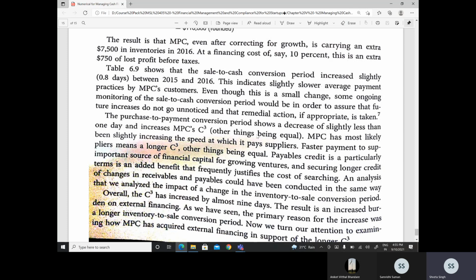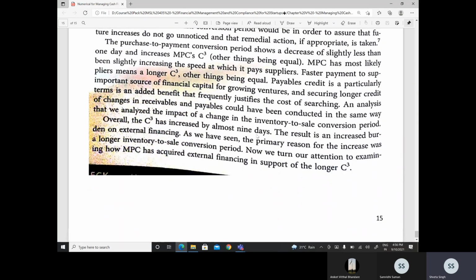The purchase to payment conversion period shows a decrease of slightly less than 1 day and increases MPC's C3, other things being equal. MPC has most likely been slightly increasing the speed at which it pays suppliers. Faster payment to suppliers means a longer C3, other things being equal.